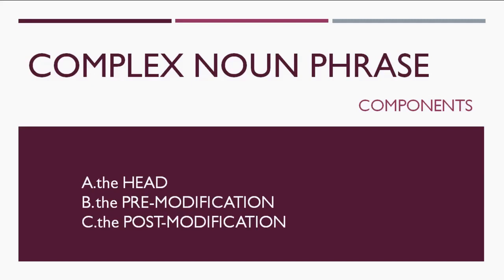Generally, they are adjectives, nouns, or sequences we're going to see later. And lastly, we can find post-modification, comprising all the items which can be placed after the head. The most common post-modifiers are prepositional phrases or clauses, which can be either non-finite or finite clauses. We're going to see them in detail soon.